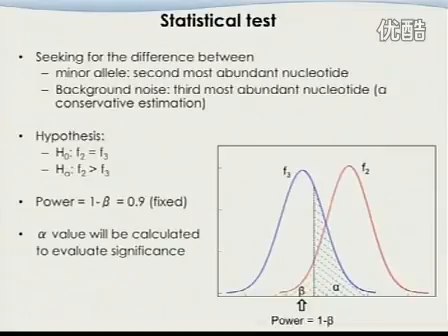Our approach is to compare the second largest number versus the third largest number. For one location there are four numbers: how many A, how many G, how many C, how many T. The second largest, most likely, can be nothing, can be a sequencing error, or can be a minor allele. The third largest number is certainly a sequencing error.